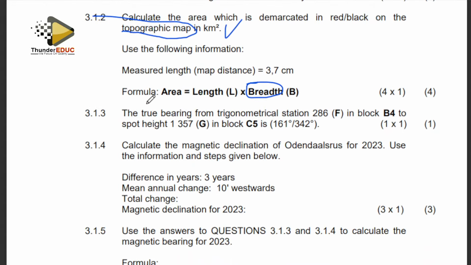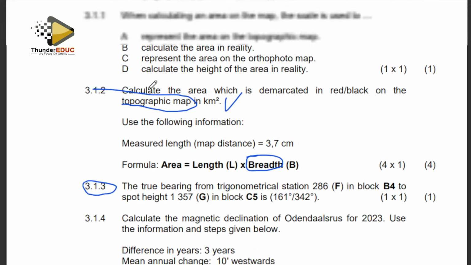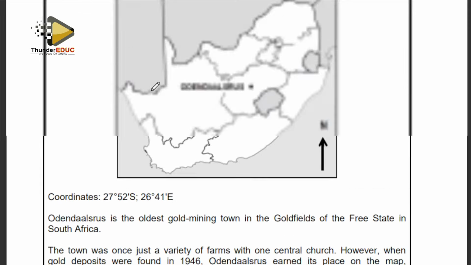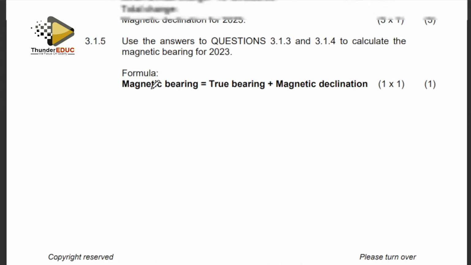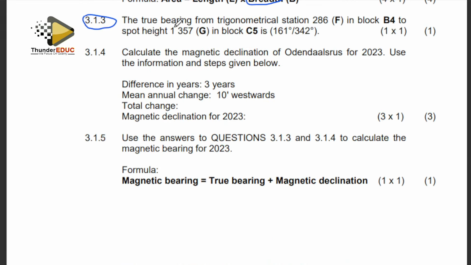We go to 3.12. They say the true bearing from the trig station, trigonometrical station 286, that is F in block B4, to the spot height 1357 G in block C5 is this.